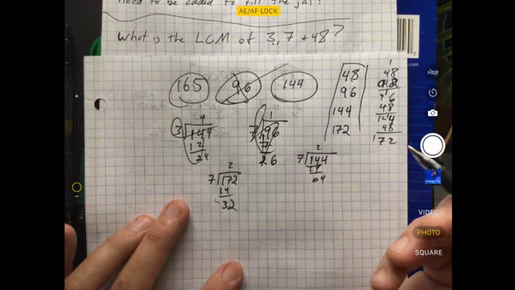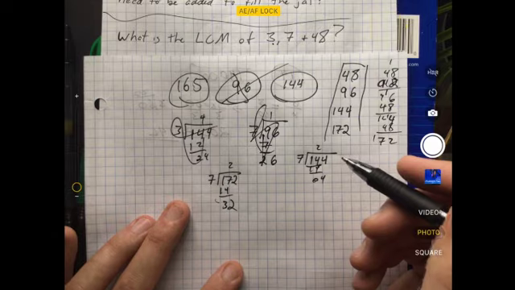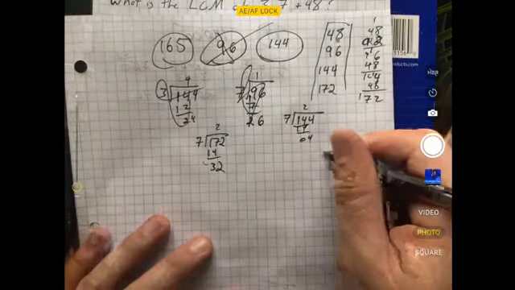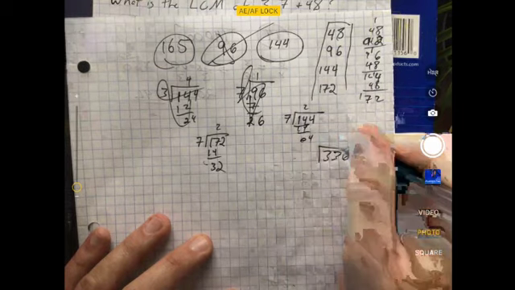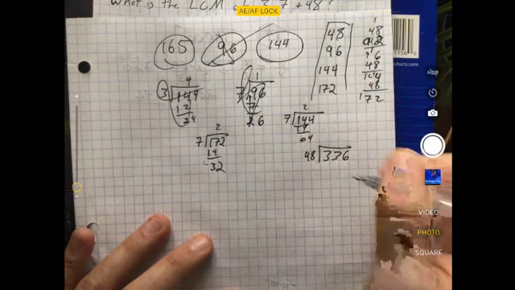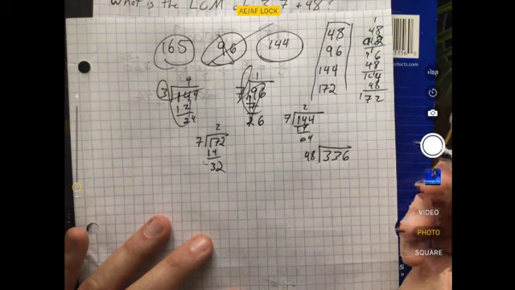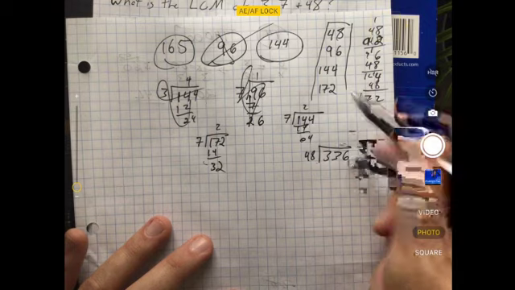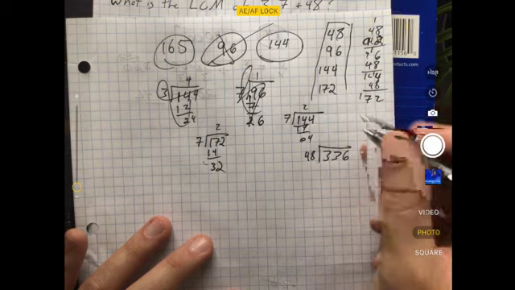So I guess I'll give that a shot. So 336 divided by 48. Does it go in cleanly? How many times does that go in? I don't know.